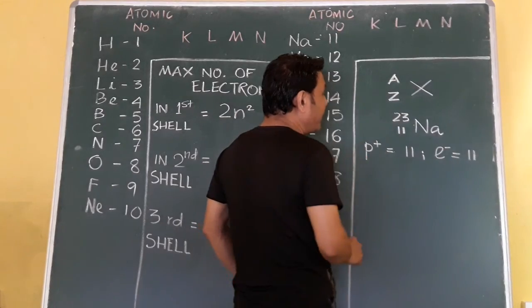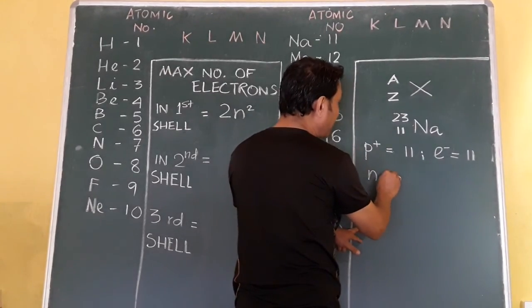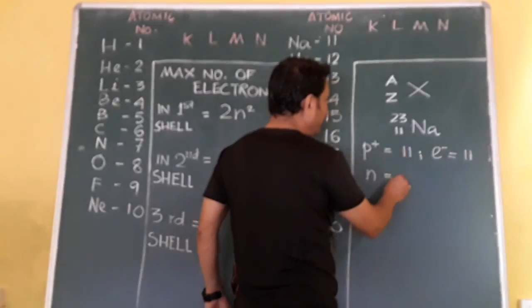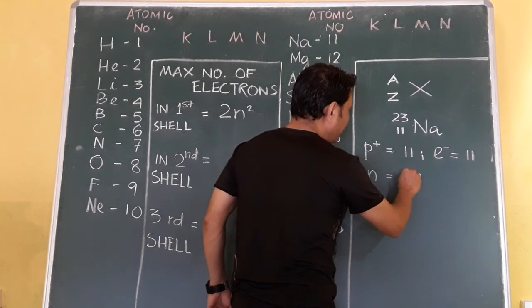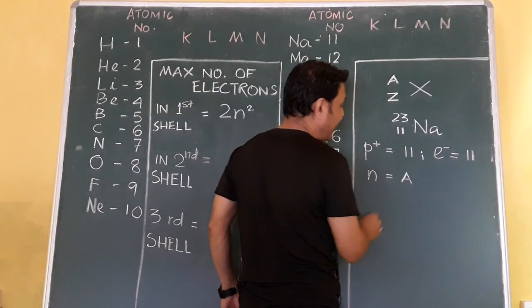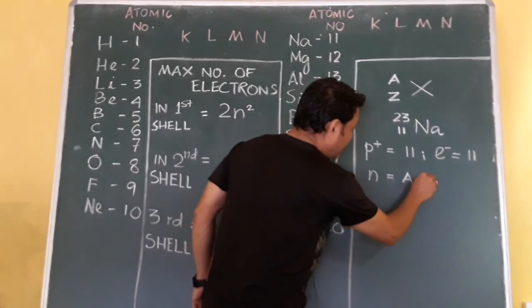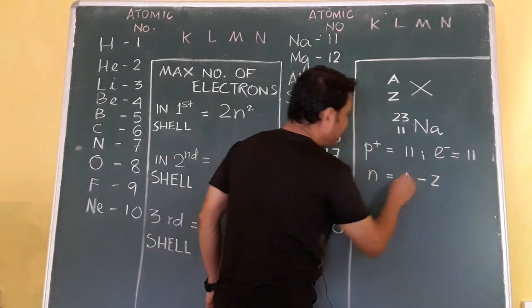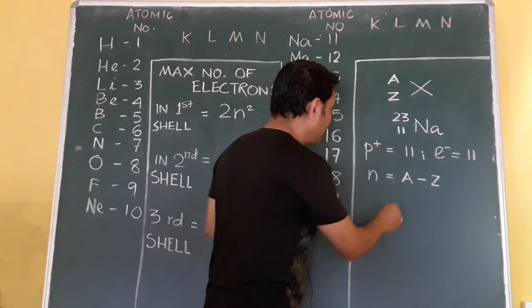Now, with the mass number, we find the number of neutrons. How do we calculate the number of neutrons? We calculate the number of neutrons by subtracting the atomic number from the mass number, A minus Z. The atomic mass minus the atomic number.